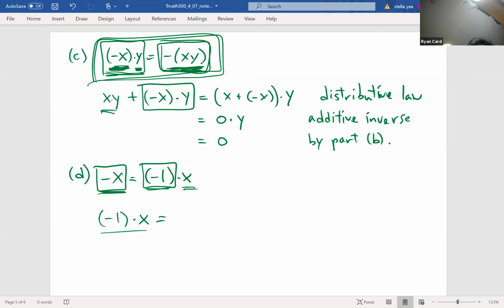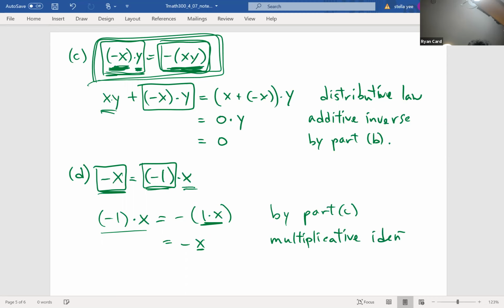So this is equivalent to negative of 1 times x. This is by part C. And then this is equal to negative x because 1 times x is the same thing as x. This is the multiplicative identity. I hope that made sense.